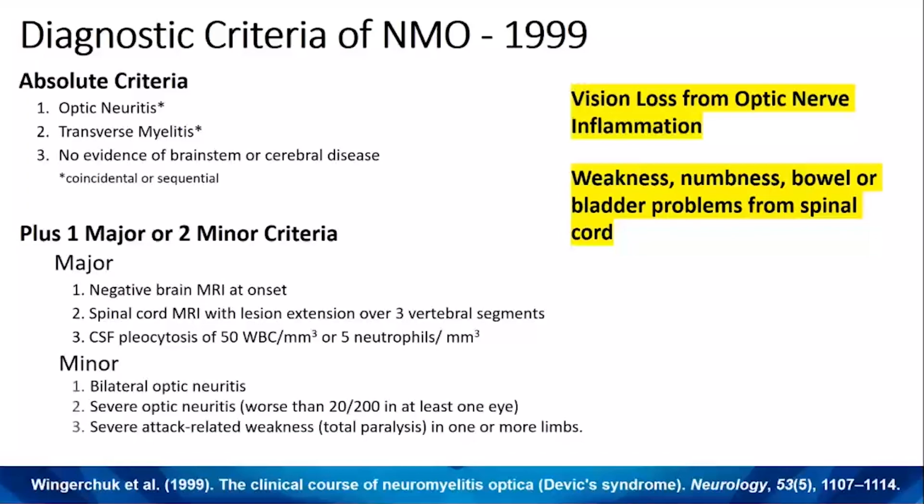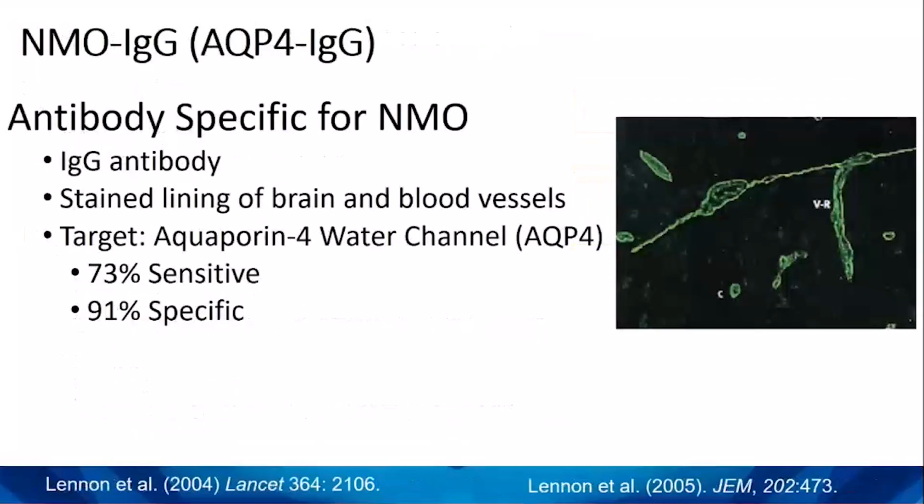It was still rough going, and it wasn't until 2004 when a target for antibodies in neuromyelitis optica was identified. And this was an antibody against the aquaporin 4 water channel. And the original test was about 70% sensitive, 30% could still have it and be missed, but it was very specific.